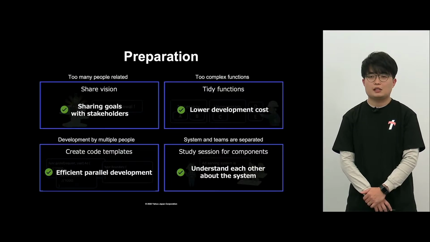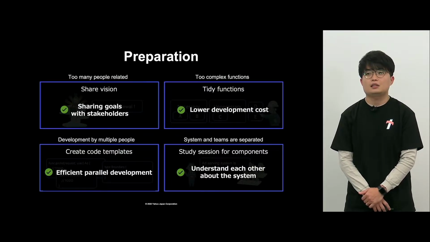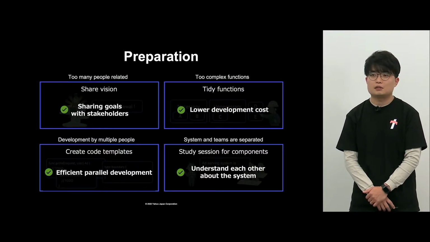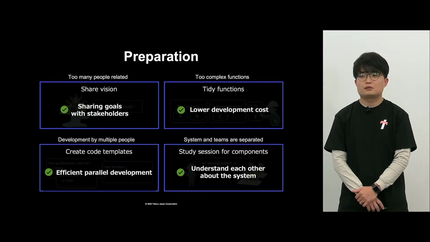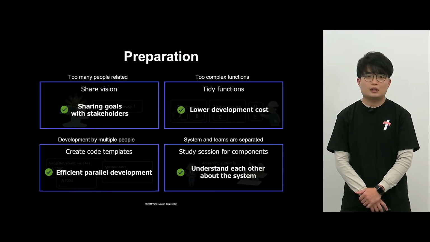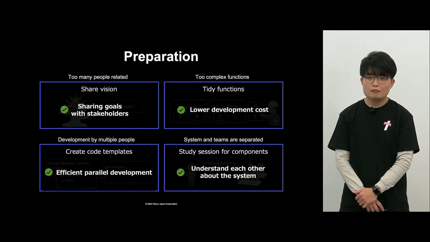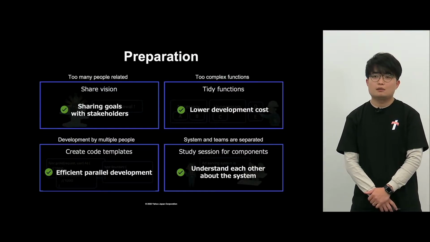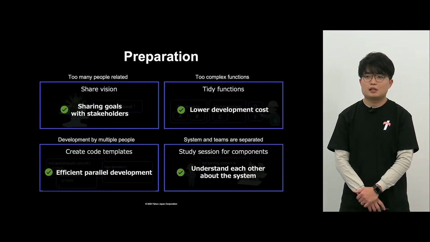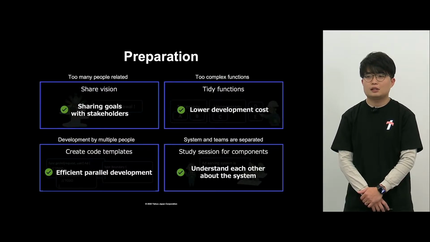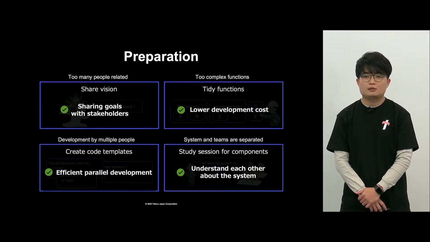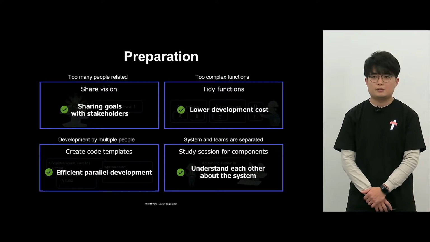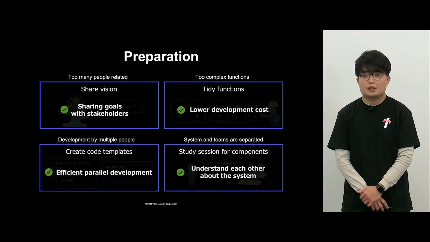For the preparation, I talked about 4 points. First, there are a lot of people involved in this large-scale system, so sharing the goal and being on the same page is very important. Next is a lot of complex functions. Before migration, we inventory the capabilities so that we can reduce the development cost.